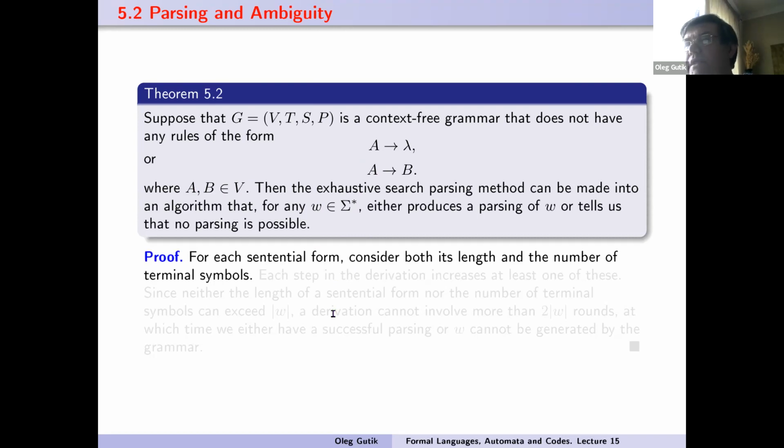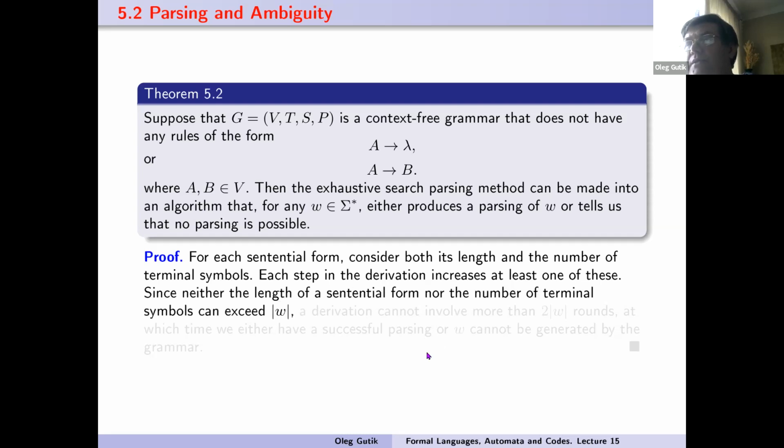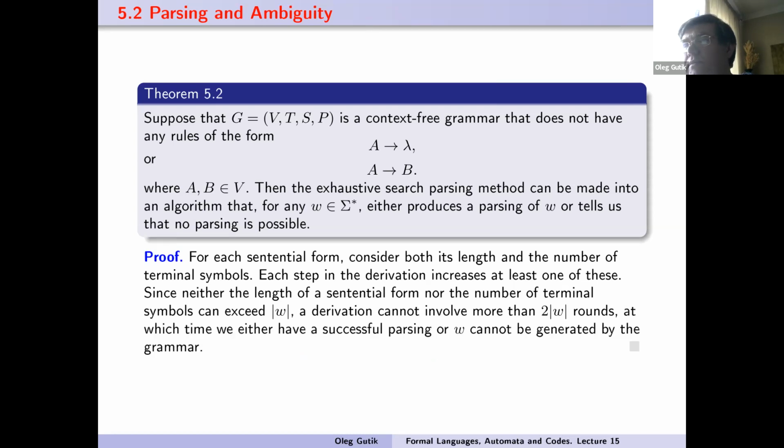Proof. For each syntactical form, consider both its length and the number of terminal symbols. Each step in the derivation increases at least one of these. Since neither the length of the syntactical form nor the number of terminal symbols can exceed the length of the word W, the iteration cannot involve more than 2 multiplied by the length of the word W rounds.